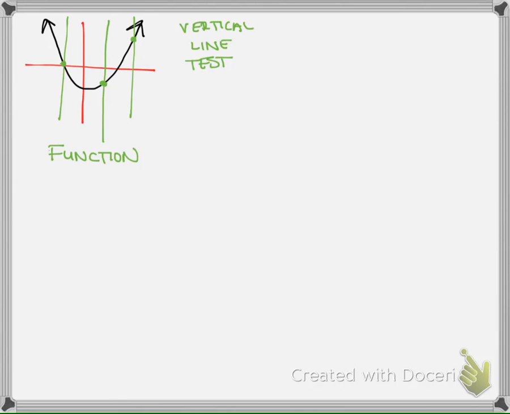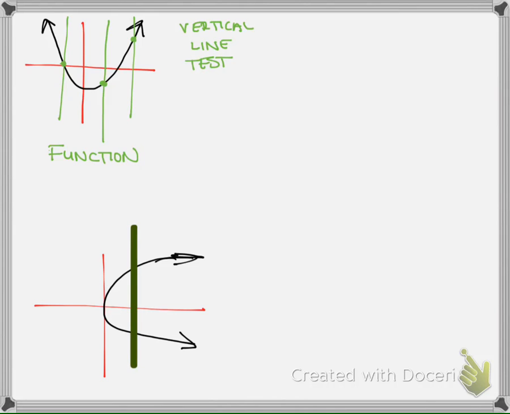A counterexample would be, here I have a coordinate plane, and this time my graph looks like this. Now when I draw a vertical line, let's draw it thinner here.